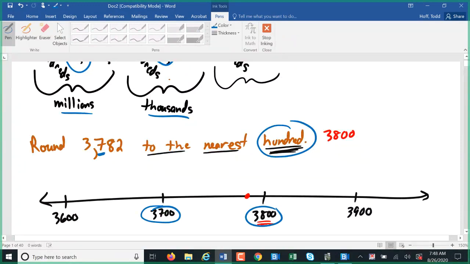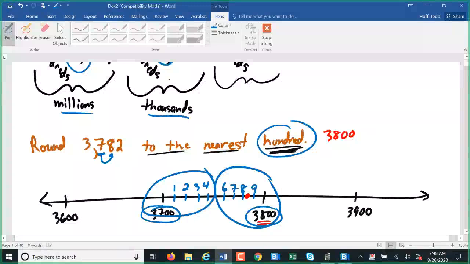And so to figure out which of those two it's closest to, we look at the next digit. If that next digit is a 1, 2, 3, or 4, we know it's closer to the smaller one. If it's a 6, 7, 8, or 9, we know it's closer to the larger one.